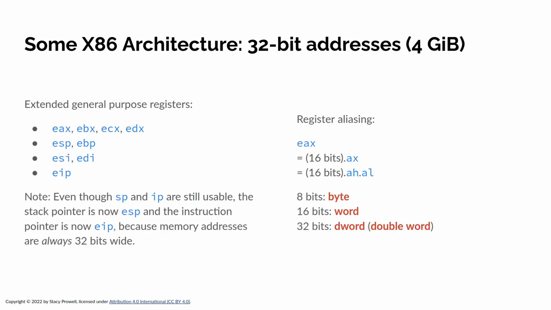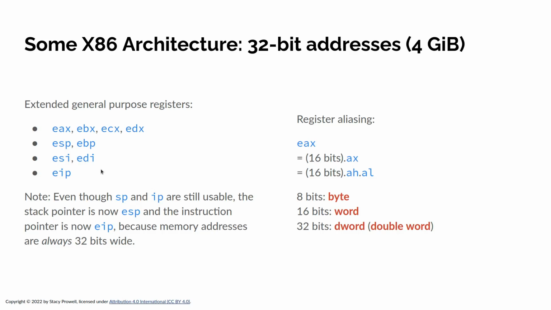Time passed and we decided we needed 32 bits. That's 4 gigabytes, which should be enough for anybody. And we added some registers: the extended AX, BX, CX, and DX, the extended stack pointer and base pointer, the destination and source indices, and instruction pointer. These are all typically going to be holding addresses. Since addresses are now 32 bits, these all had to be 32 bits.